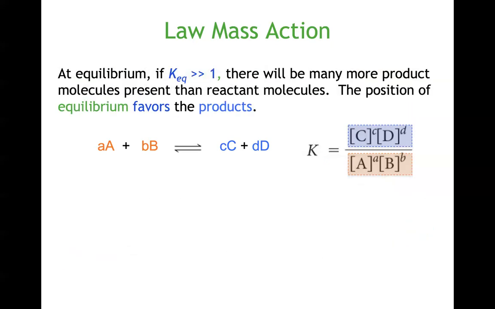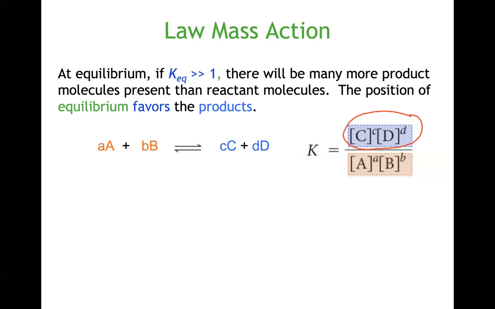All right. So if something is at equilibrium and the equilibrium constant is large, larger than 1, that tells us that the concentration of the product is much higher than the concentration of the reactant.